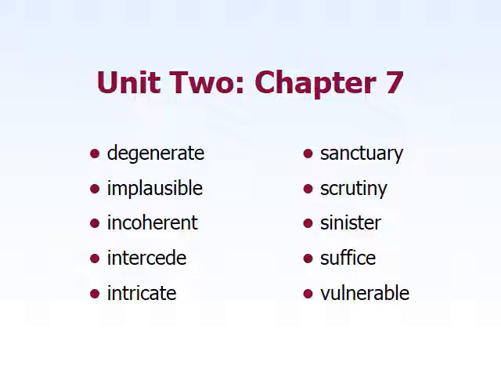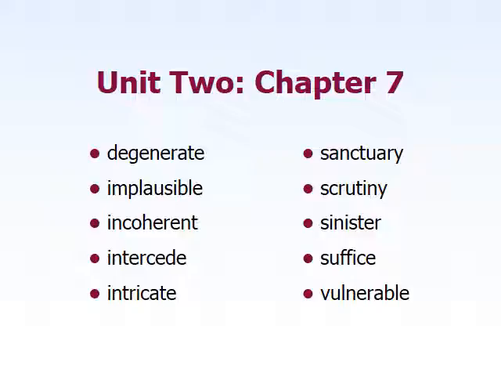So the first one is degenerate, and that sound there at the end, "ate," is a clue. Implausible, the IBLE, is a clue as to the part of speech. Incoherent, the ENT is sort of a clue. Intercede, intricate, and that's "cut" with it, not "ate," so that's a clue.